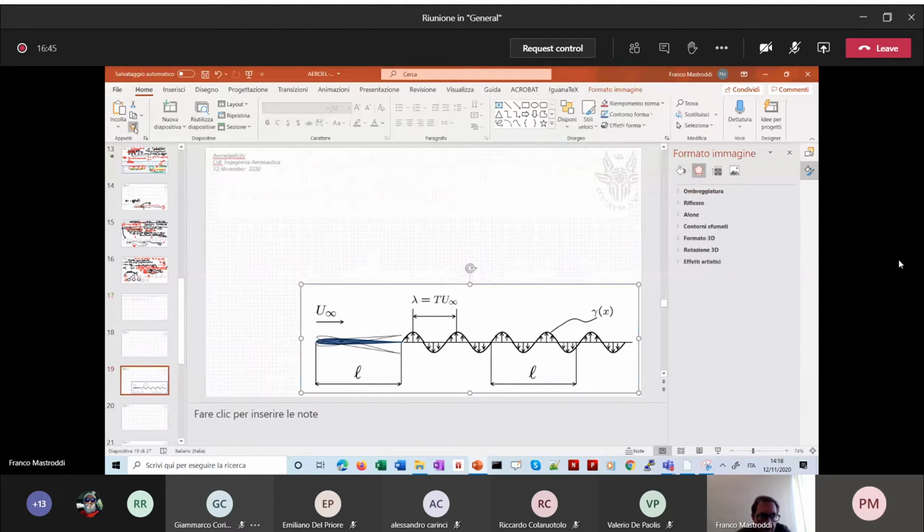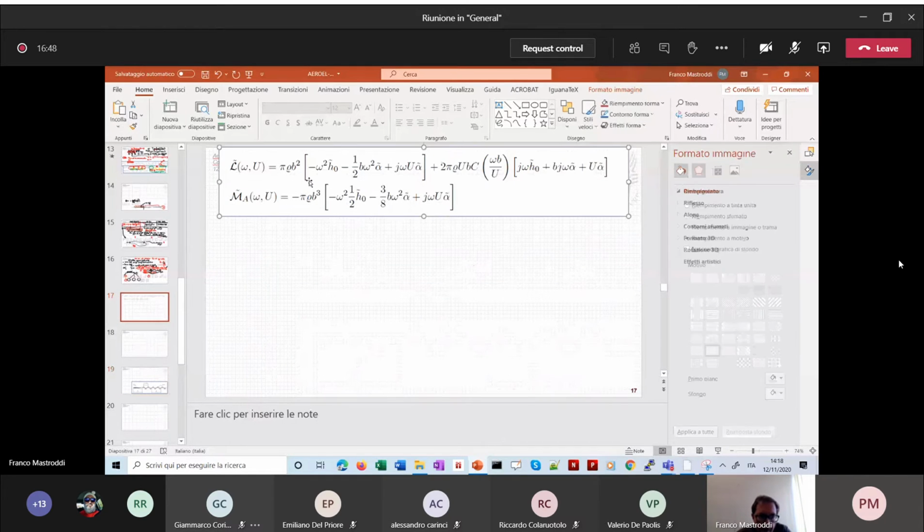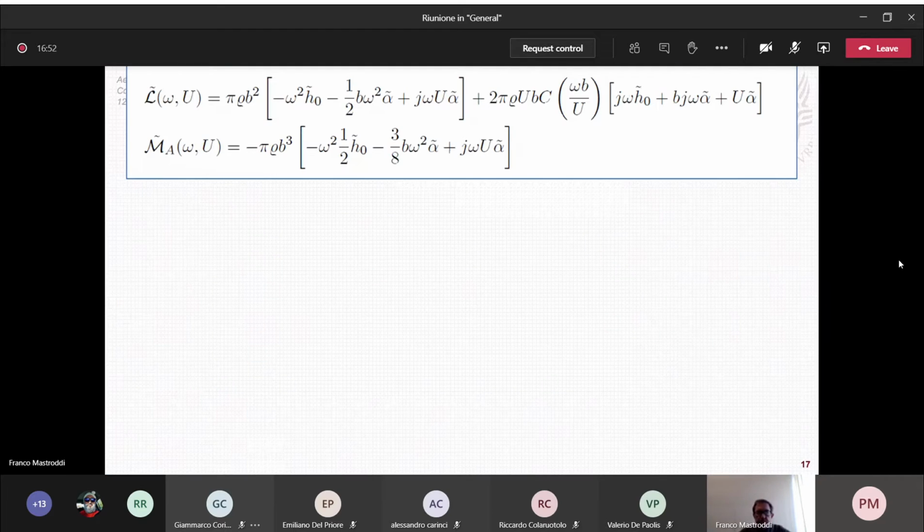Consider this. We have two generalized forces, lift and aerodynamic moment in frequency domain, and here they are expressed by a matrix as a function of the Fourier transform of plunge and pitch angle.